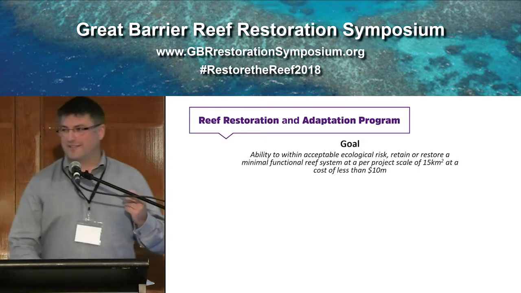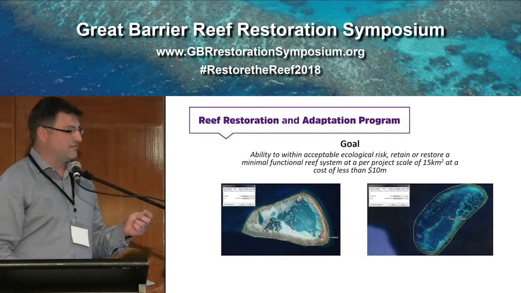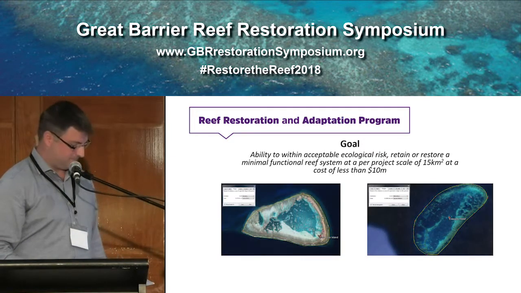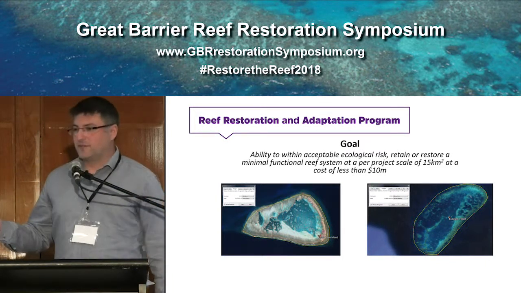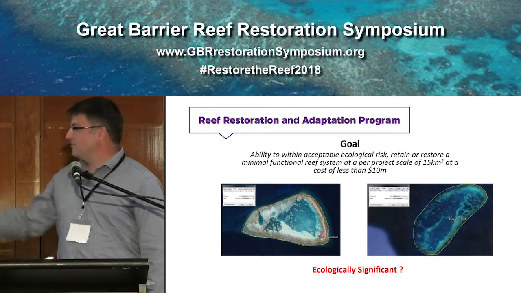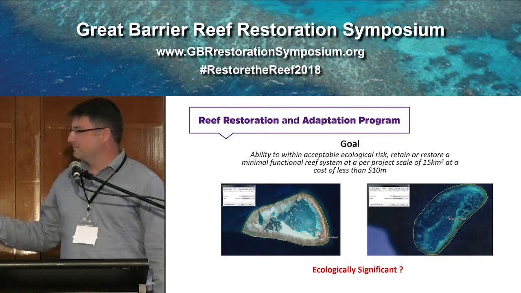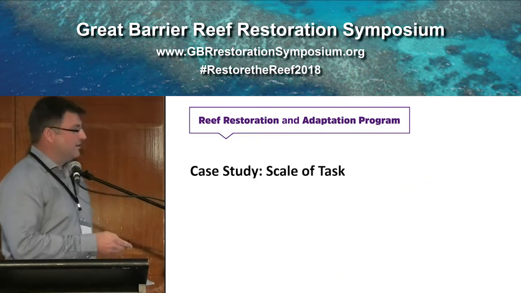But we had to come up with a number of how many corals would be a good relative base case to put out onto the reef. We looked at a couple of reefs. Davis Reef has copped the hammering this morning, but it's up there again with One Tree Reef. And all up was a 15 kilometre square. And we assumed it was ecologically significant.